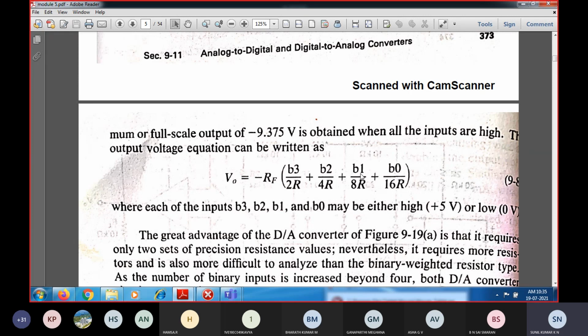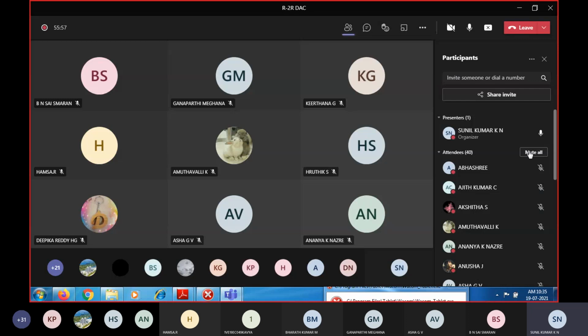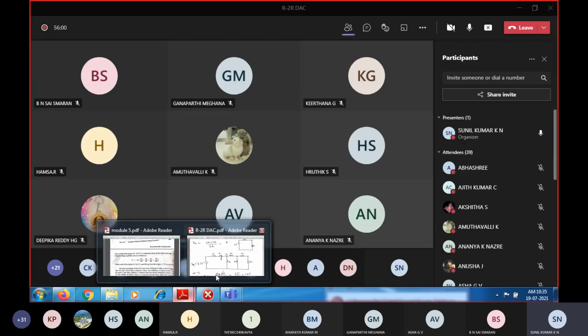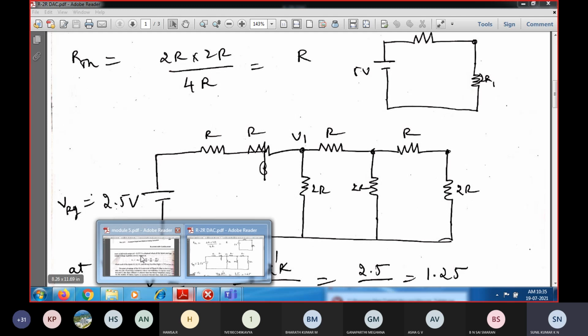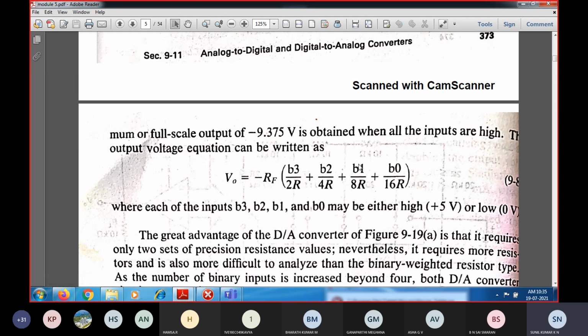Suppose the B1 bit position is 1, so that will be equal to 5.